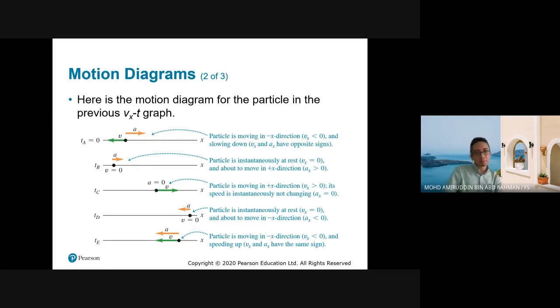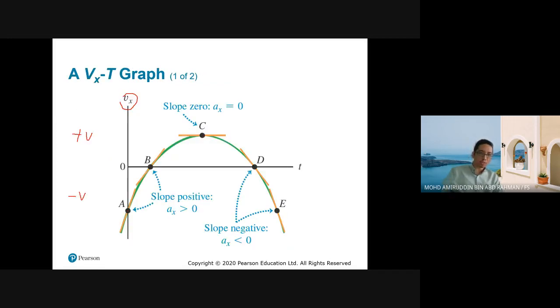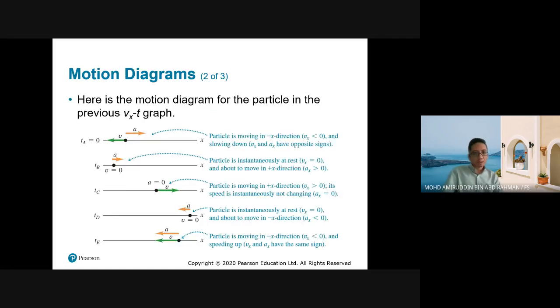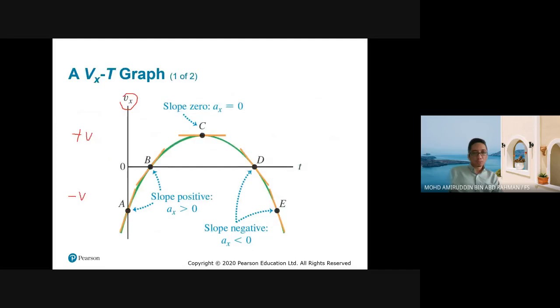Now the particle is moving in the plus x direction, from point B to point C. As you can see, again the velocity increases, and then its speed is instantaneously not changing at point C. At this moment, the speed is not changing.